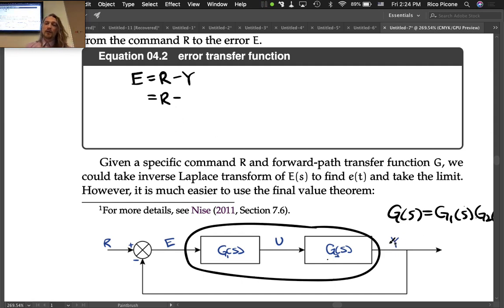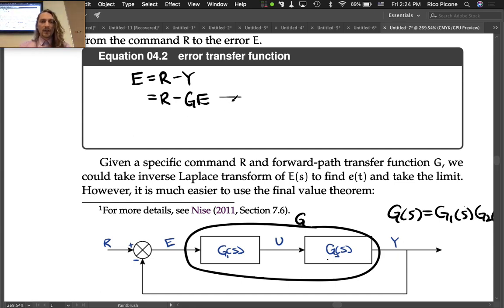Y is equal to G2 U, and U is equal to G1 E, and G1 G2 is just G. Or we could just see that this whole thing is G, and the input to it is E. So Y is just equal to G E. Okay, so if Y is equal to G E, we've got E in here, R, and E on the other side of the equation, so we can find the transfer function from R to E.